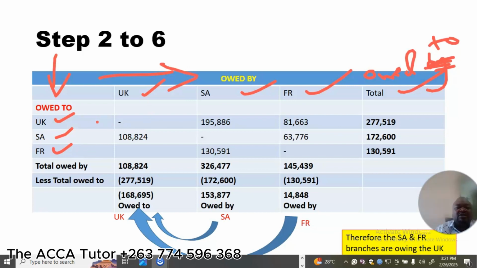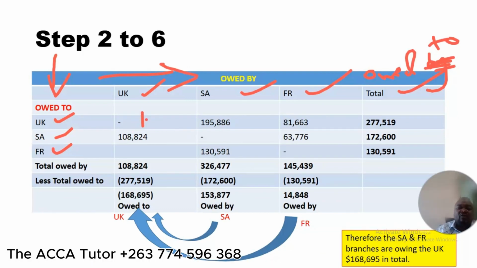Since now we want to understand how much was the amount owed to the UK by the UK, we can see that the company cannot owe itself an amount. So this is why we put a 0, right? But how much was owed to the UK by the South African company?